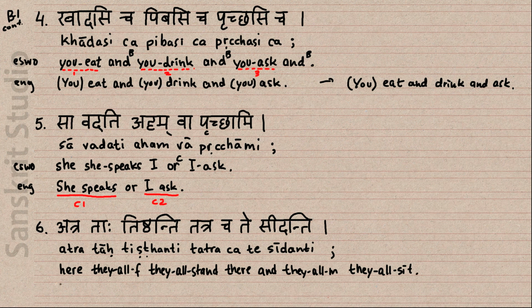Okay, so now we just do the eswo up there. This is the clause connector again, so it should be a C here.